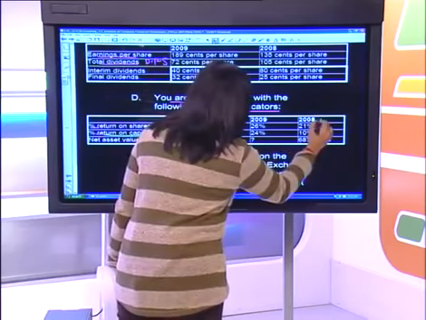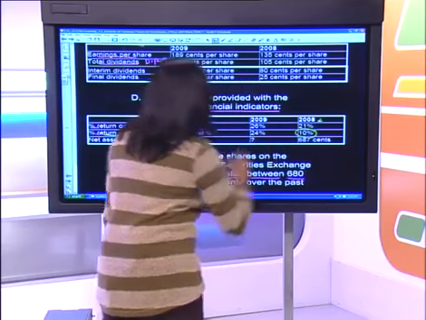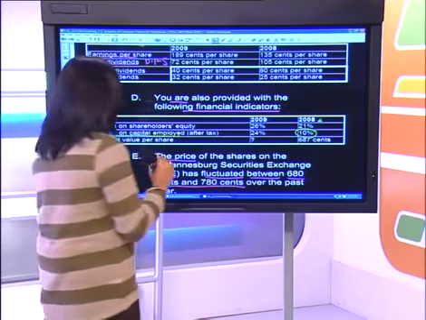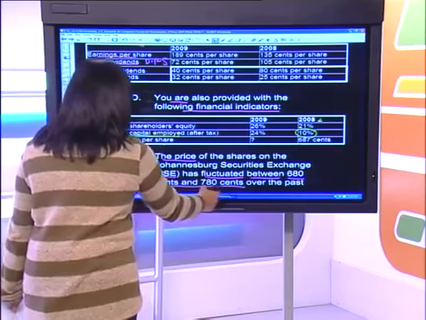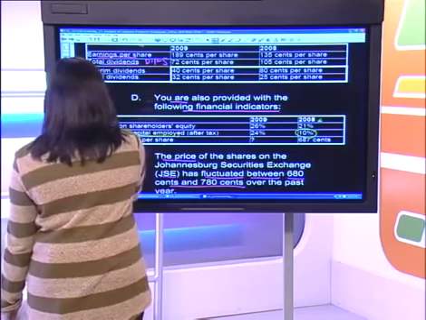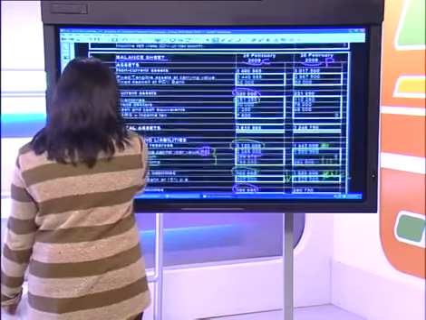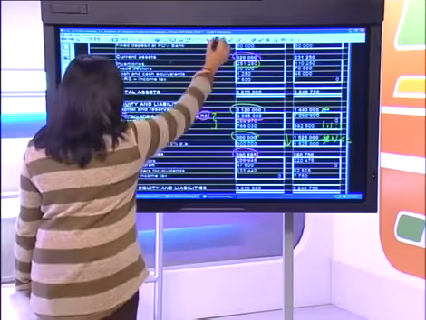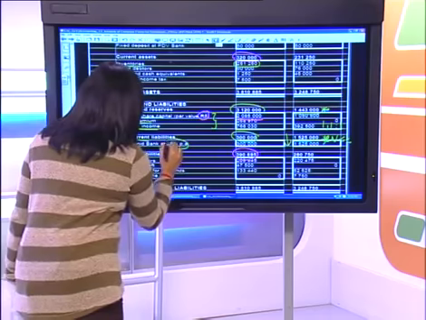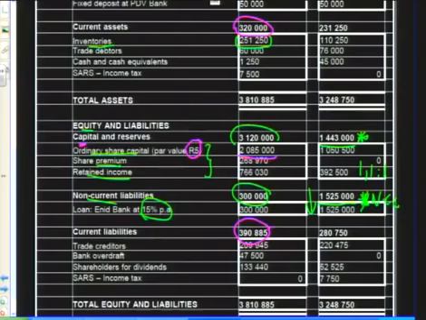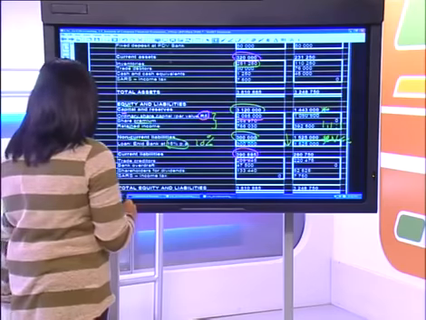So for 2008, this return was 10%, and let's go back to the balance sheet and see what the interest on loan was. The interest on loan, there we go, was 15%. So clearly, the return is only 10%, and the interest is much higher than the return, 15%. It's not worth borrowing this loan.